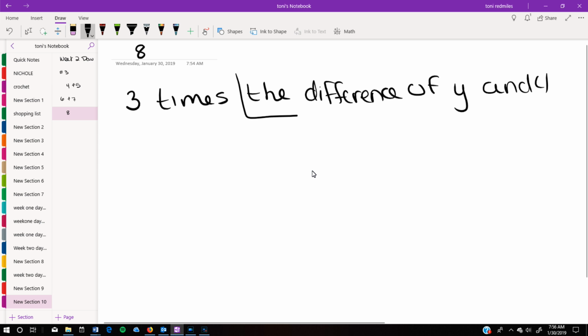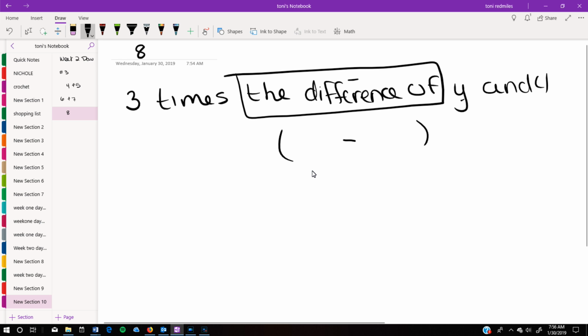So I know that this means parentheses, difference means subtract. What comes after goes inside the parenthesis. 3 times just means 3 times it. I could put it out, but I don't need it. And as you can see, C clearly states that.